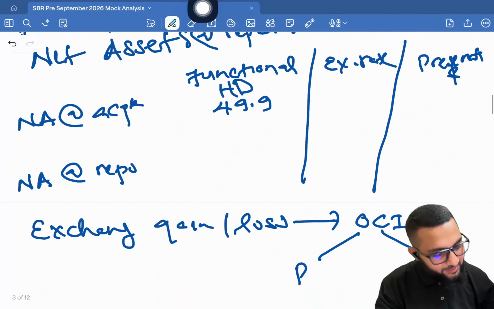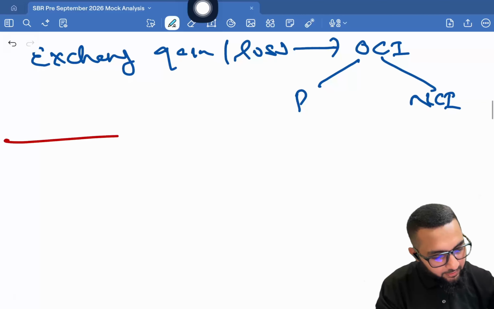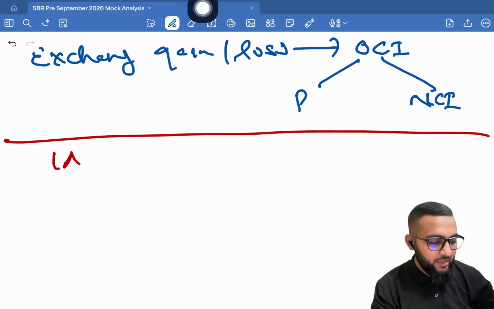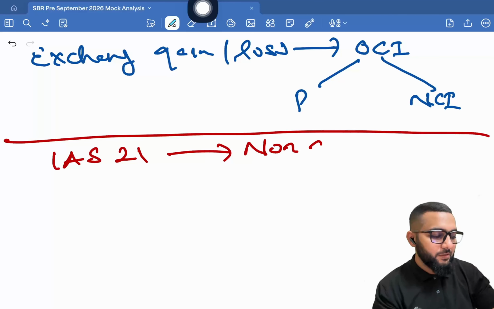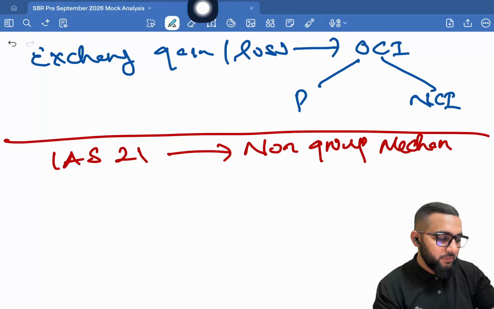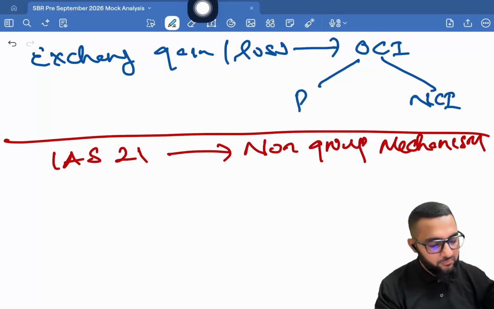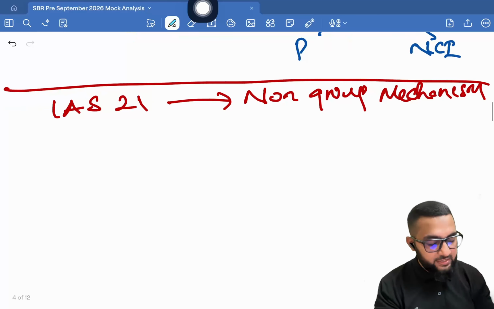For this purpose, you will have to remember the IAS 21 non-group mechanism of translation. What does the non-group mechanism talk about?